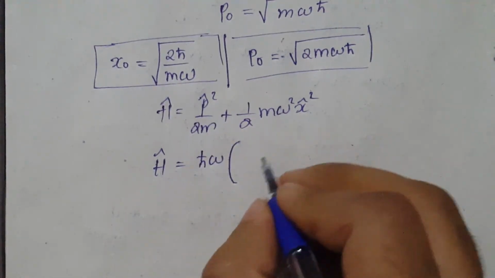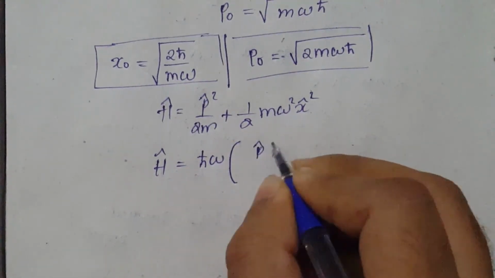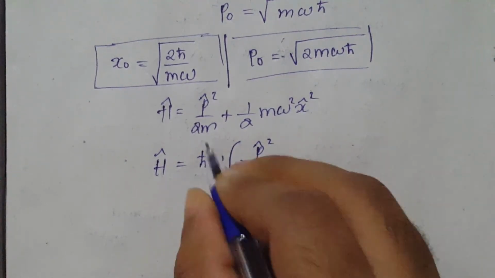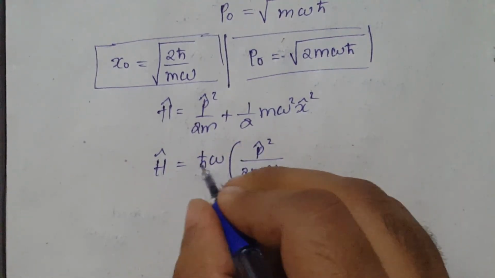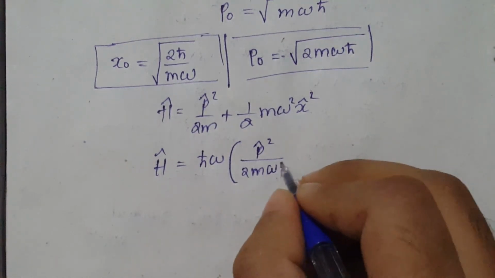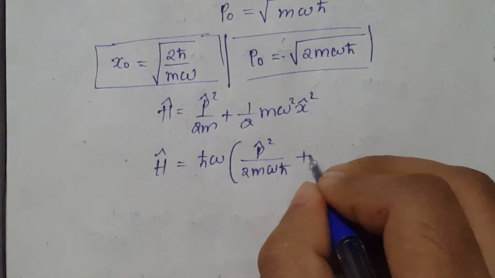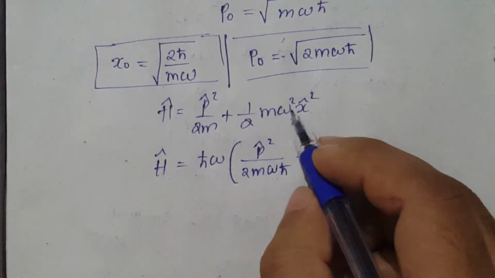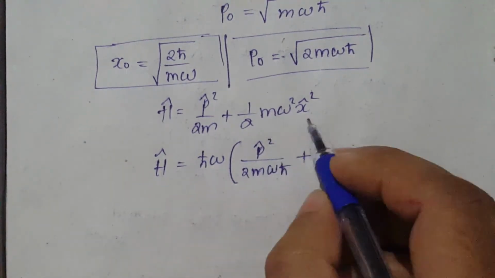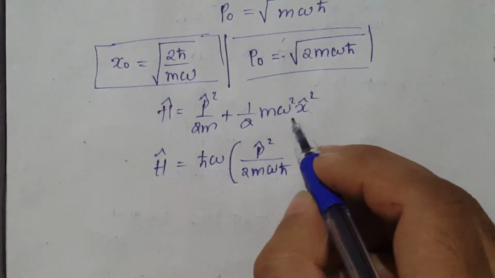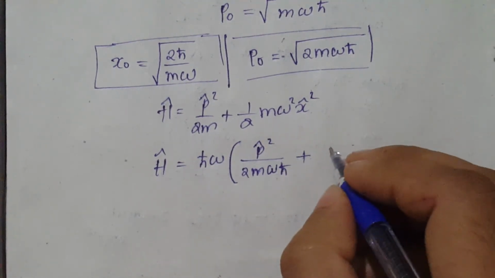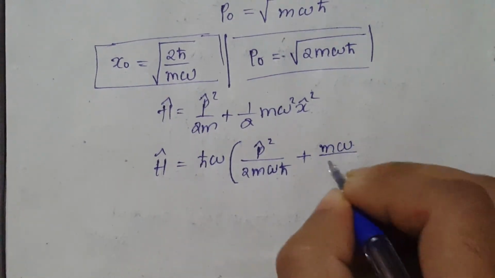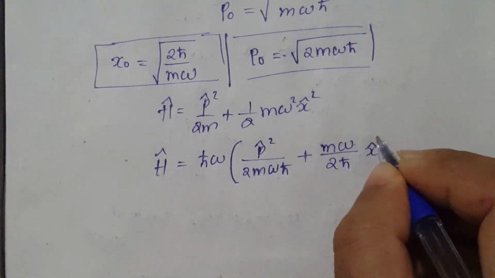Here in the first term, m omega will be downward in the numerator, so 2 m omega h cut, then h cross omega, plus here one omega is gone and one h cut is gone. H cut is gone from below, isn't it? So we have m omega by 2 h cut x cap square.